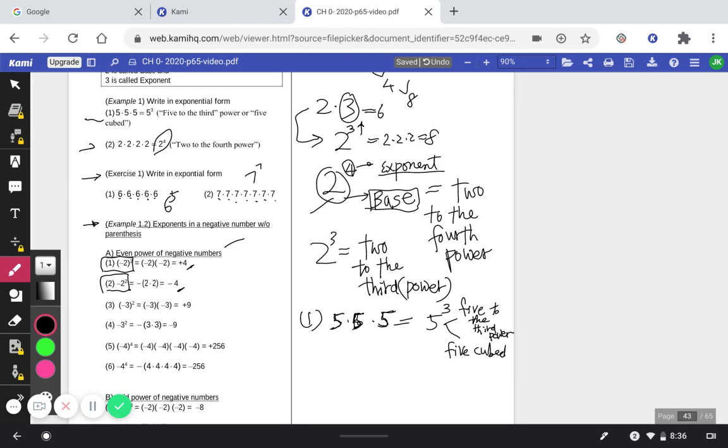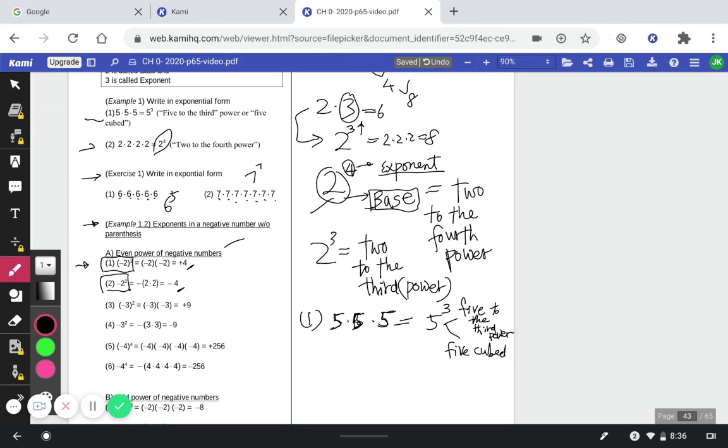In number 2, you read negative 2 to the second power, which means the second power only affects the number, not the sign. So that's the same as negative 2 times 2, which ends up as negative 4.